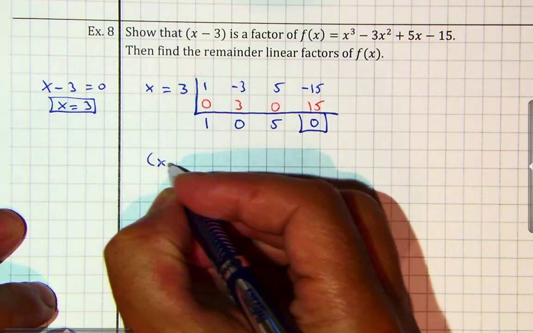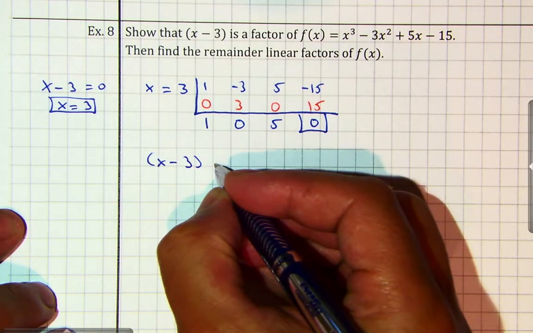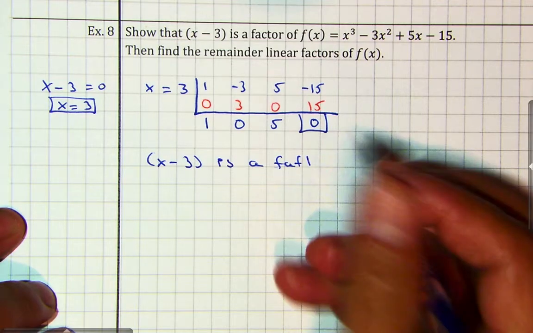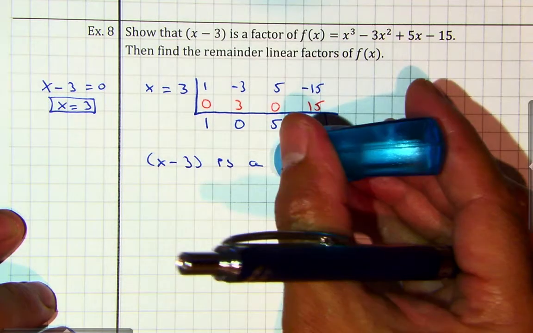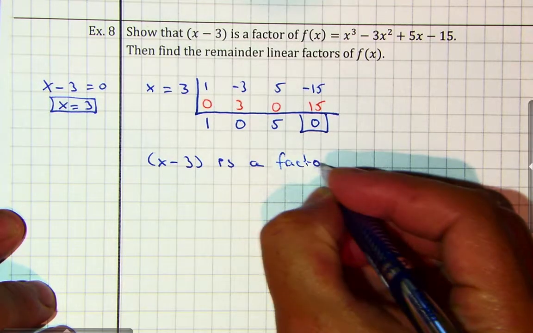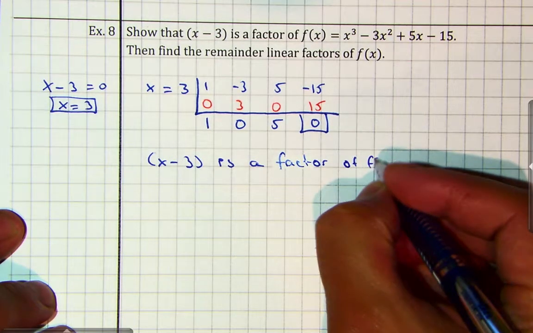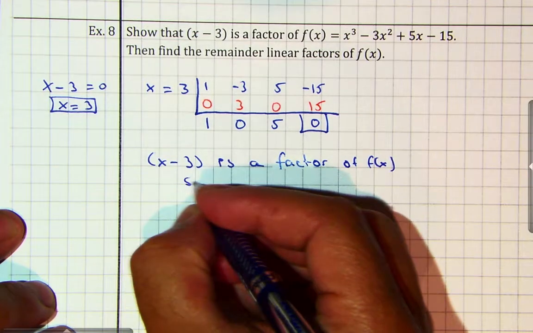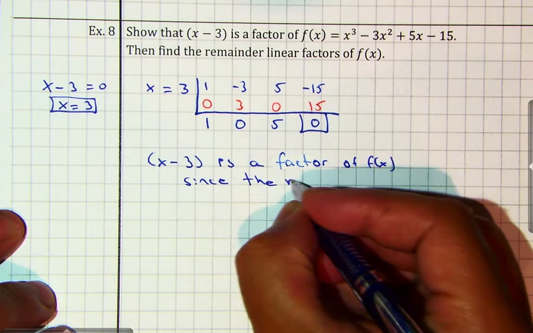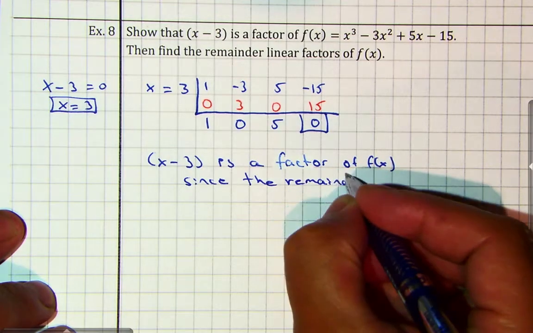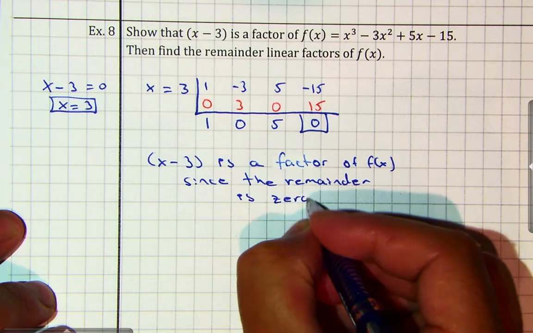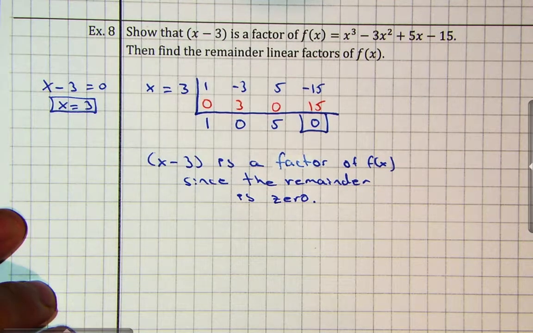So x minus 3 is a factor, can't spell today, is a factor of f of x since the remainder is 0. Correct?